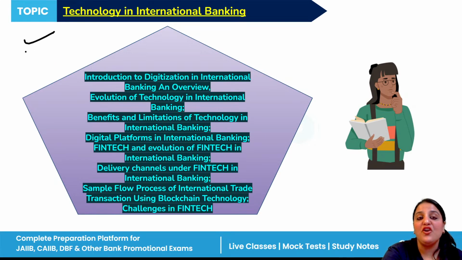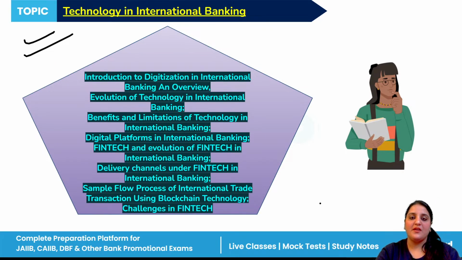Then technology in international banking, like how fintechs evolved, why banks are eager to work with fintechs, why fintechs are so popular, what is the difference between the traditional manual method and fintech, and what is blockchain technology, we are going to learn in this chapter.